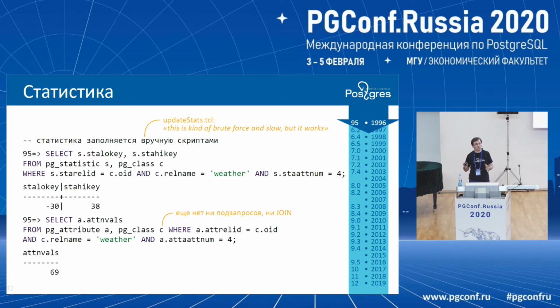So we thought that there should be some external script which would calculate these values and put them in the system catalog. For example, inside the source you can find a script written in Tcl which performs select distinct for each table and calculates the number of unique values in each column. And then it updates it in the system catalog.